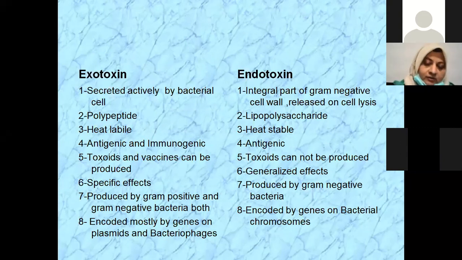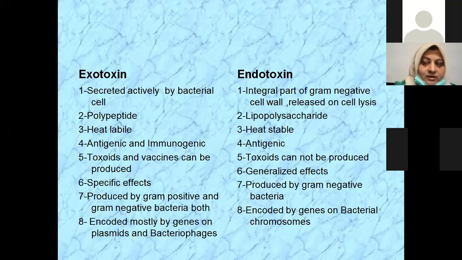And through the invasion, they cause inflammation that was of two types: pyogenic inflammation, that is pus forming lesions, and granulomatous inflammation in which granulomas were formed. So we did various virulence factors, but the main chunk was remaining that we are doing in a separate lecture, and that is toxigenicity. Yes, the microorganisms, they produce toxins.